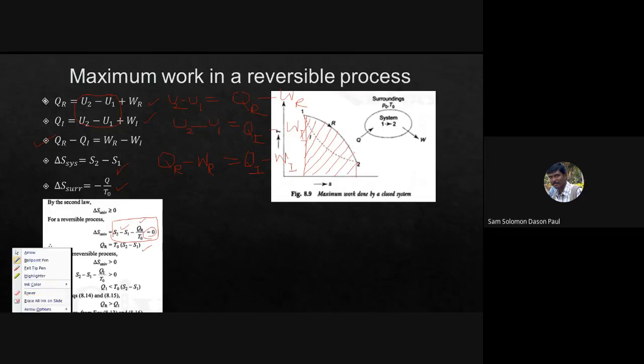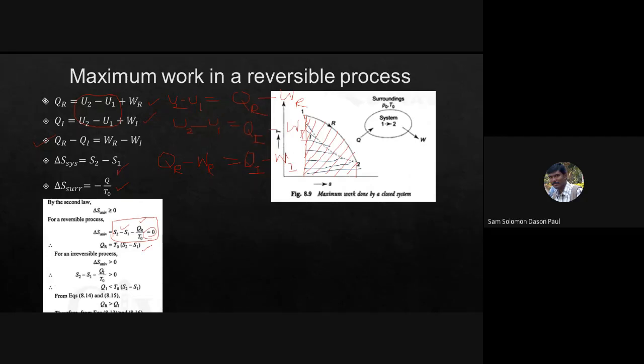It is just below the dotted line, and there is only this region, the blue hatched region. Okay, so obviously your QR is going to be greater than QI. That means your WR is also greater than WI. If you draw that in the PV diagram, that will be very obvious.